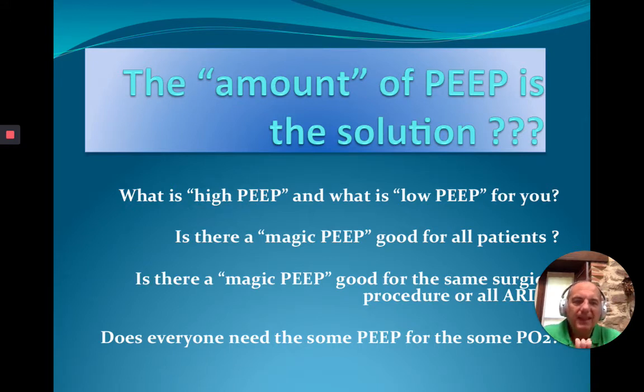So even the PEEP table, I'm very sorry, is not based on physiology. If you follow this approach, it means that probably 90% of the papers about clinical randomized trials of PEEP really don't make any sense.